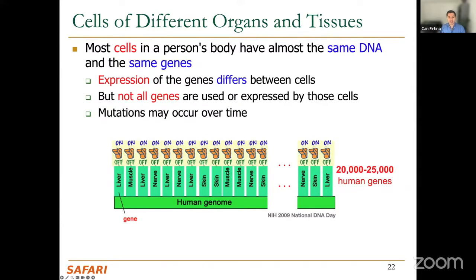So this means that most cells in our body will have almost the same DNA and the same genes. But then, if that's the case, how come we have a skin cell and also a liver cell and perhaps, I don't know, a muscle cell and other things, right? So how do they differ from each other?